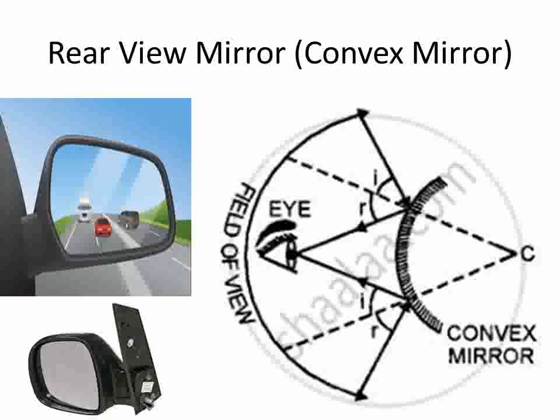A ray of light makes angle of incidence I. Then according to the laws of reflection, I is equal to R, and this ray of light after reflection on the convex mirror arrives at the human eye, that is, the driver's eye, and this makes visible the large area, that is, the large field of view behind the vehicle, to the driver who is operating a two-wheeler or four-wheeler.